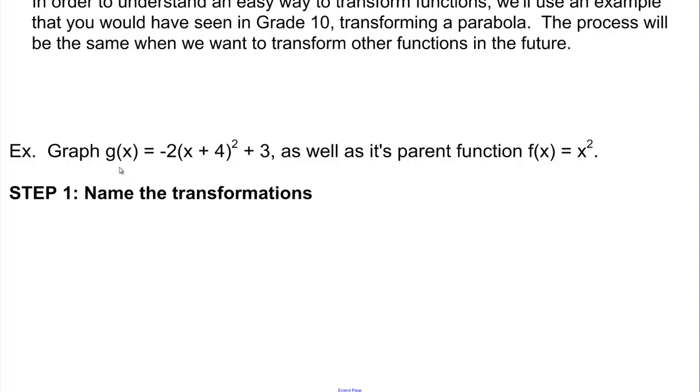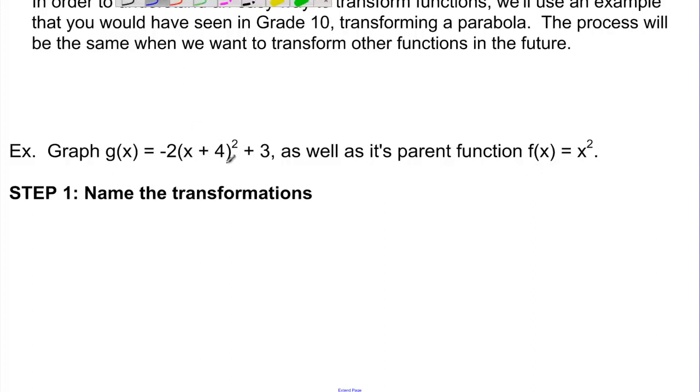So the first step to graphing using an RST chart is we need to know what the different types of transformations are from f of x to g of x. In this case we have 4 different transformations occurring.